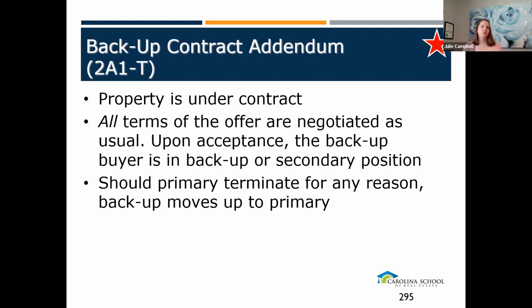Yeah. So what I saw a lot of agents doing in this crazy multiple offer world we're coming out of is actually just creating a simple Excel spreadsheet and saying, here are the terms of offer 1, the terms of offer 2, the terms of offer 3. So in that way we can see a nice side-by-side laid out. Better to have a conversation with the seller, but however it works for you to present this information to the seller.